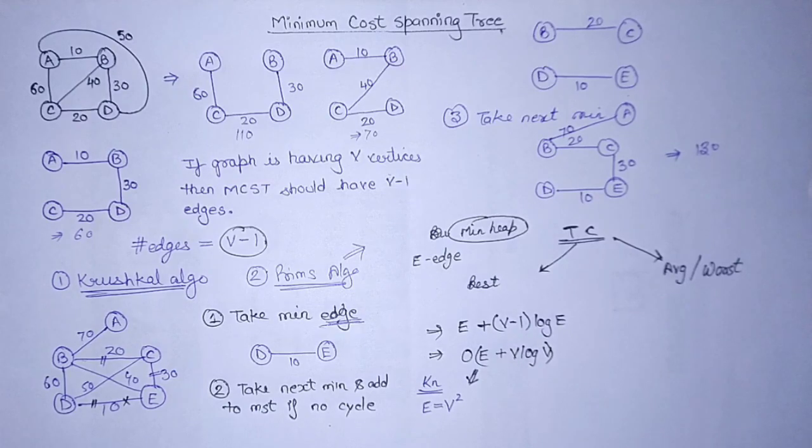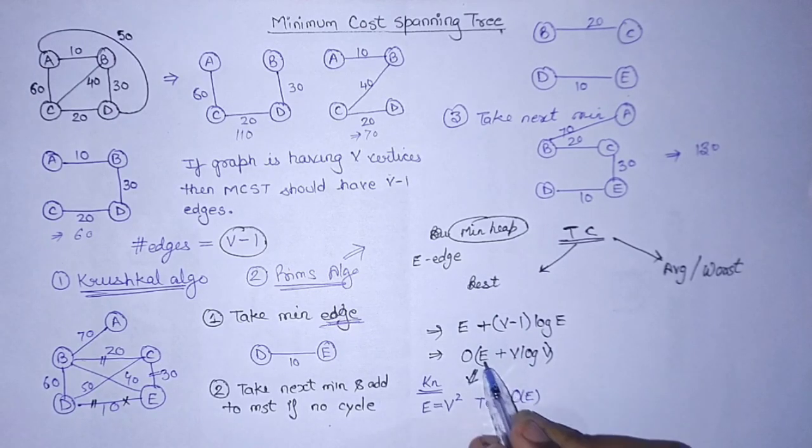So if this is the case, what will be the time complexity? The time complexity will be order of E, because if you compare this V square with V log V, V square is greater, so the time complexity will be order of E if you talk about the complete graph.